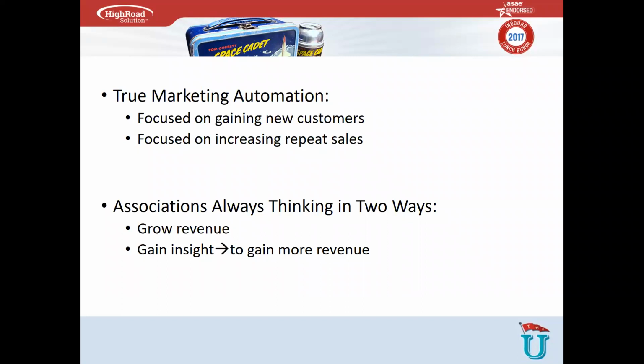The second part of true marketing automation is the same process of pulling now someone who's already a customer and pulling them through some sort of retention or upsell funnel to be able to increase my number of repeat sales, okay? So how do I take a member from year 1 to year 2 and ensure at the highest probability that they're going to renew? How do I take an event registrant who's registered in the past and see if I can't increase that registration and maybe turn that registration into a higher value registration, or move them up a member category?